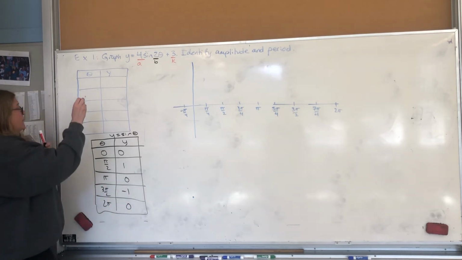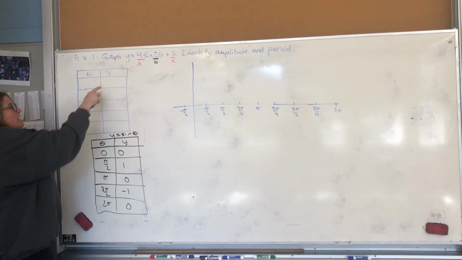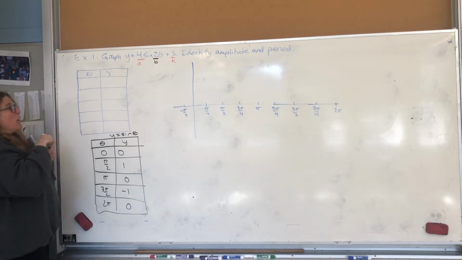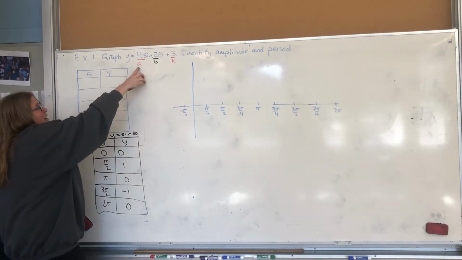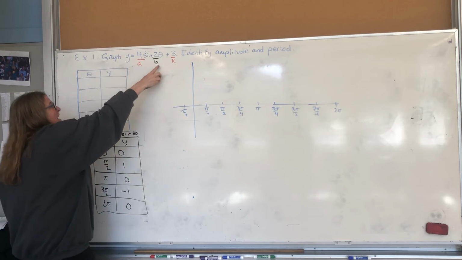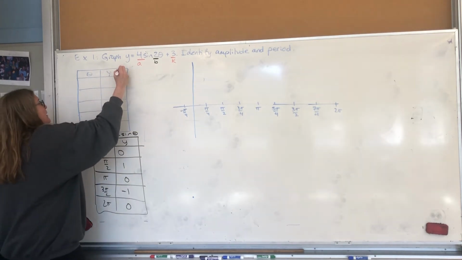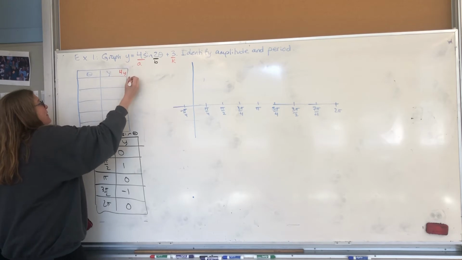So what will we be doing? What's our little formula going to be when we're making our transformed functions? Well, it says if I have an A and K, I'm going to multiply the y parent values by A and then add K. So my little formula for the y's is going to be 4y plus 3.